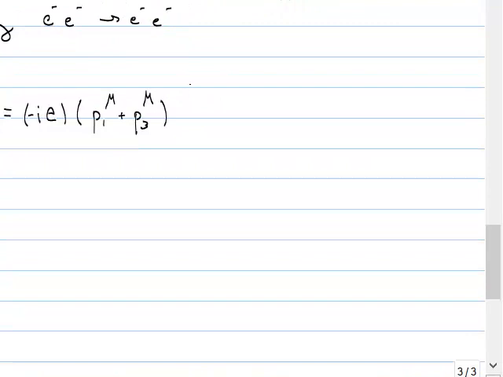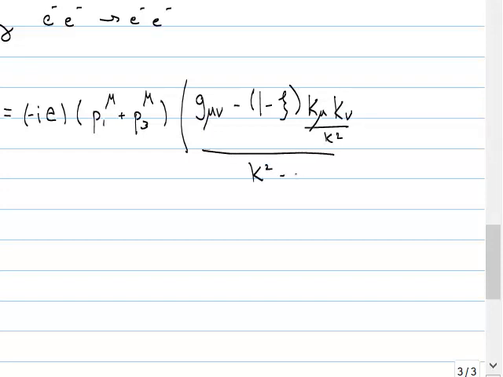Then you have the propagator, so that gives you a g mu nu. Now, for right now, let's not make a gauge choice, and check that the answer that we get is independent of our choice of gauge at the end of the day. I call that K. Here's the psi gauge term, written in arbitrary gauge, and so this is the propagator. As usual for a tree level diagram, I can forget about all of the i epsilons.